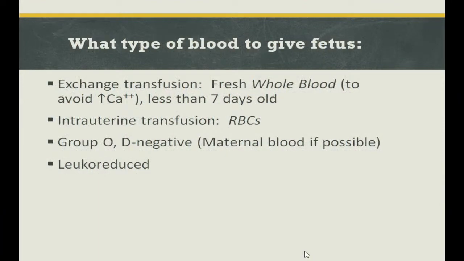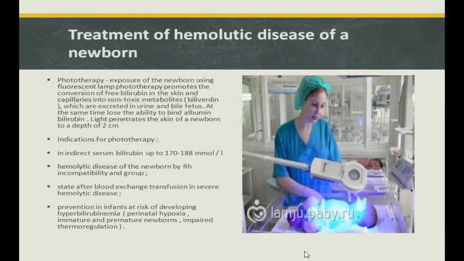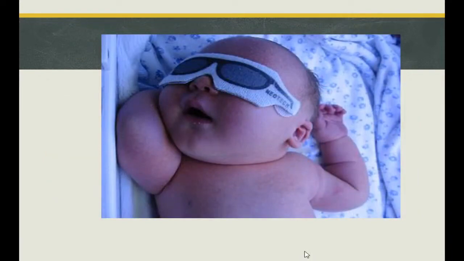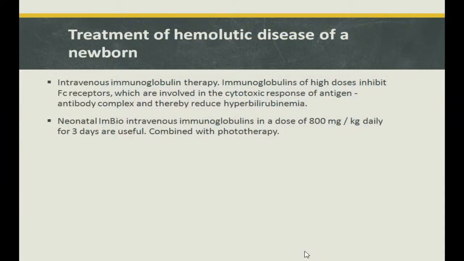Exchange transfusion: fresh whole blood less than 7 days old. Intrauterine transfusion: RBCs, group O, D negative, maternal blood if possible, leukocyte reduced. Treatment of hemolytic disease: phototherapy would be administered for this patient, infusion transfusional therapy to reduce the number of circulating antibodies and to reduce the number of hemolyzed erythrocytes.